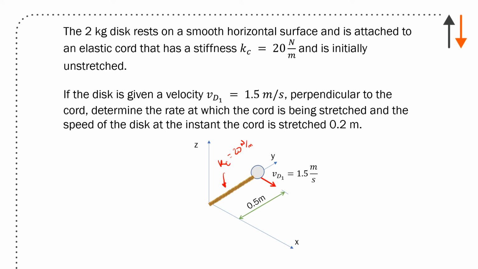If the disc is given an initial velocity of 1.5 meters per second perpendicular to that cord, determine the rate at which the cord is being stretched and the speed of the disc at the instant the cord is stretched by 0.2 meters. So it starts out at 0.5 meters here. You know that it is initially unstretched, so you're going to expect to see a stretching to about 0.7 meters.